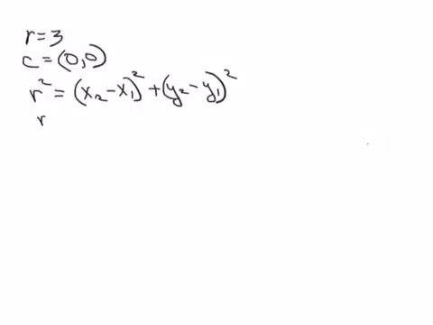Okay, so let's plug in the numbers that we have. We're going to put in 3 squared equals, again, we know one of the x's is 0, and we know the other y is also 0 from right here.